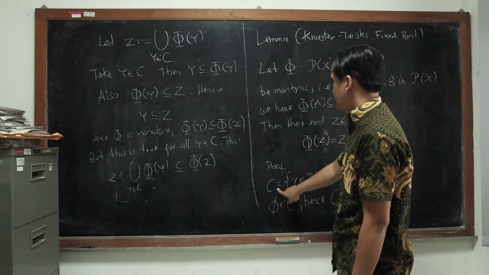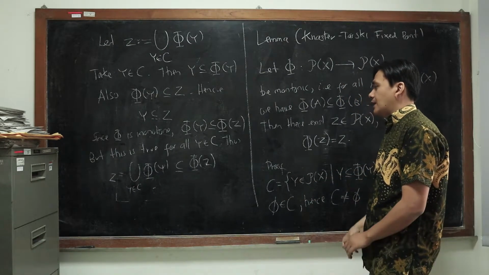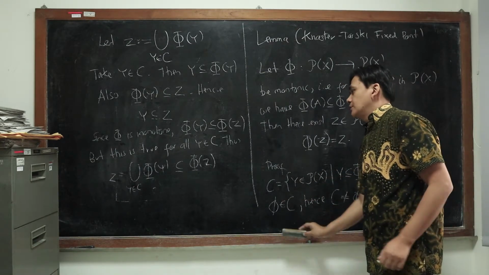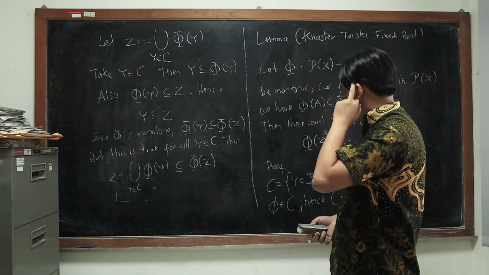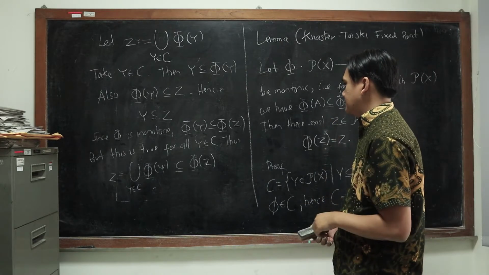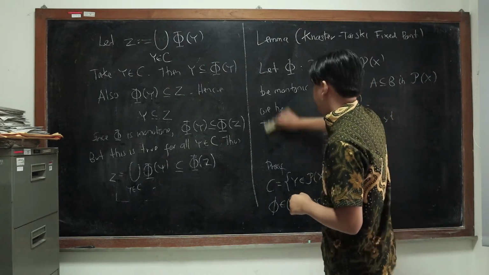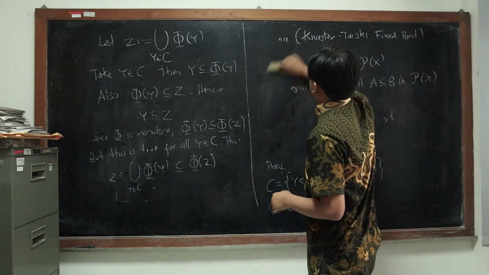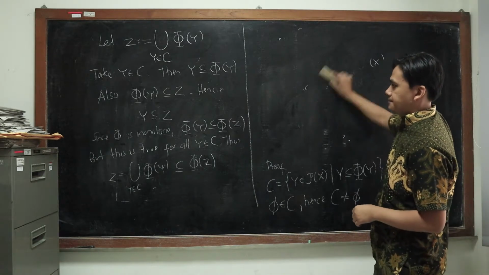So it means Z is an element of C. The other way around, we would like to show that phi of Z is contained in Z, right? So why is phi of Z contained in Z?